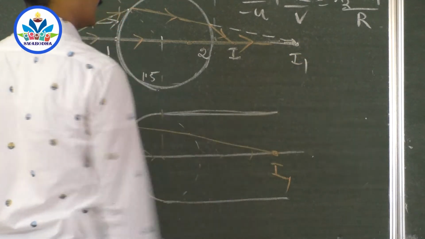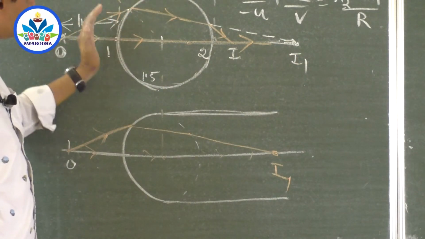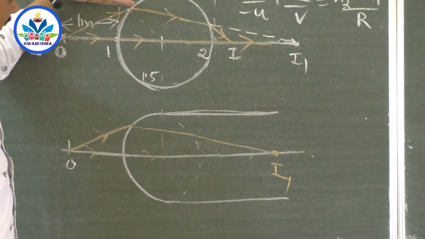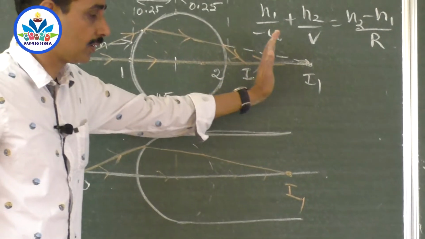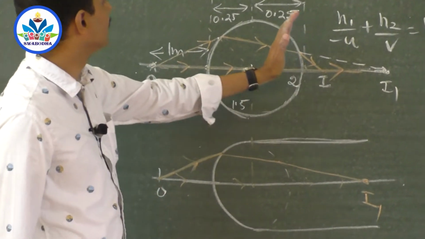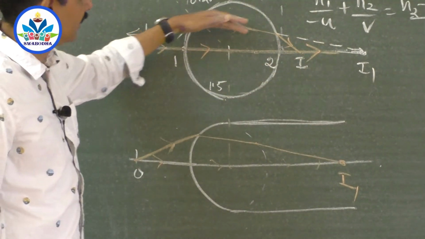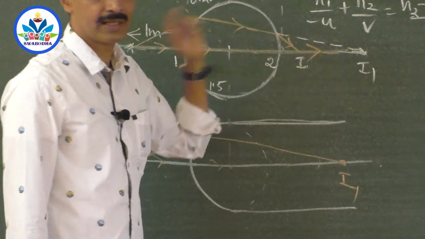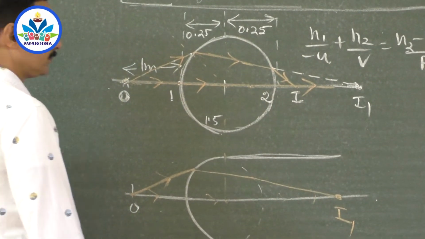So shall I call this I1? The image formed by the first surface alone is because of this ray continued in the glass itself. But we don't have glass from here onwards, we have air again. I think it is air, nothing is told about that in the problem. So this will continue and we will meet the principal axis at I1. That is the image, okay?